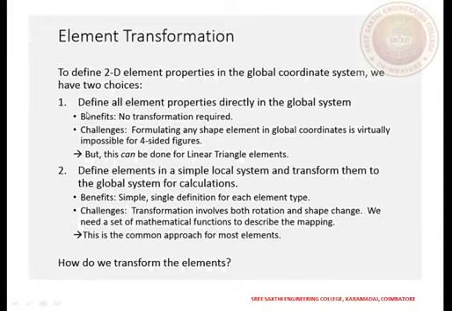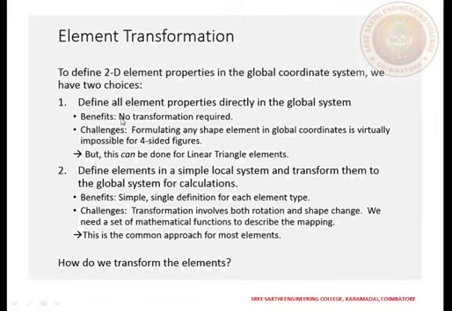The global coordinate system, or Cartesian coordinate system, corresponds to the entire body, whereas the local coordinate system, or natural coordinate system, represents a particular element in a body. So it is called the local coordinate system.